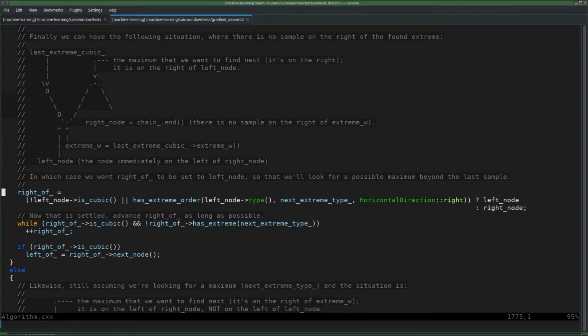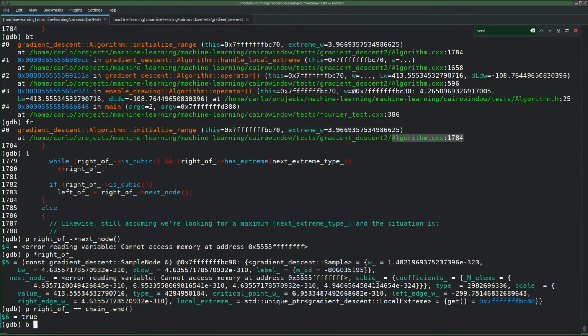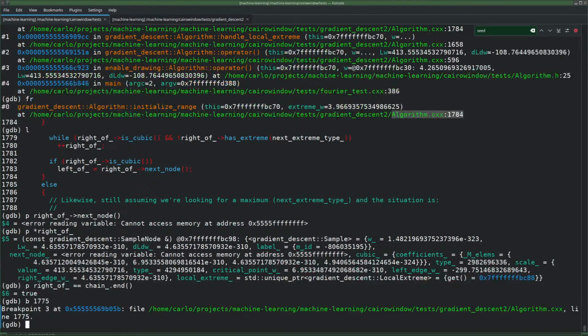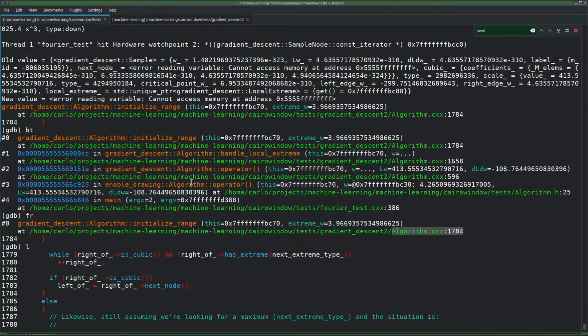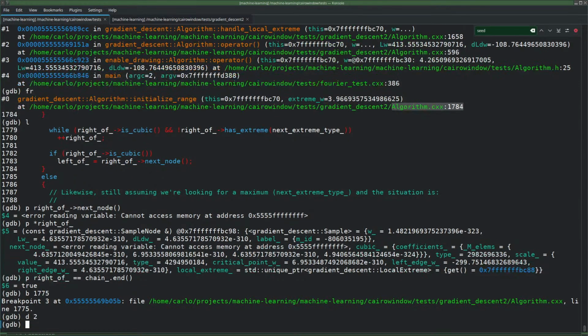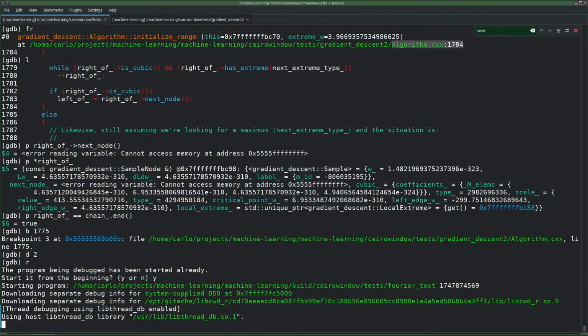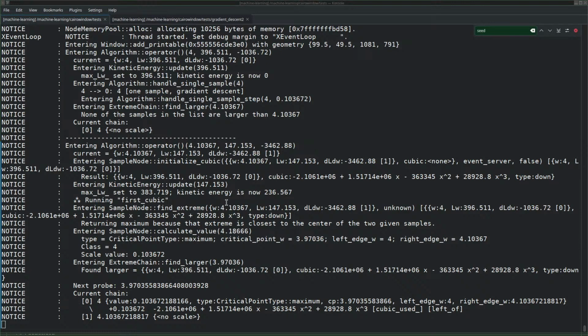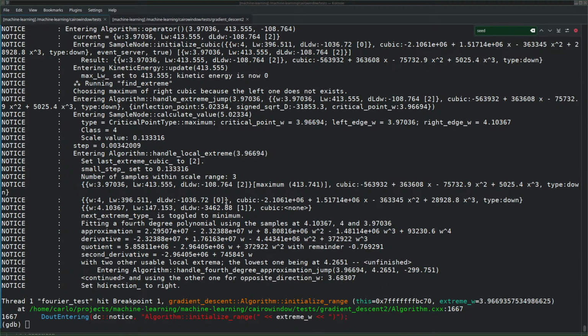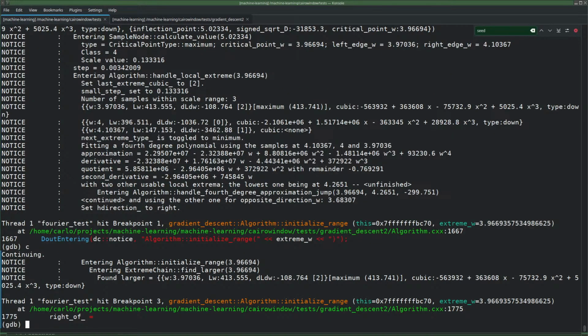Let's just set a breakpoint here and then think about it using the actual values that happen. So this is line 1775. Suppose I should delete my watch point. Yeah, that's breakpoint 1. Just continue. Okay, now we are here.